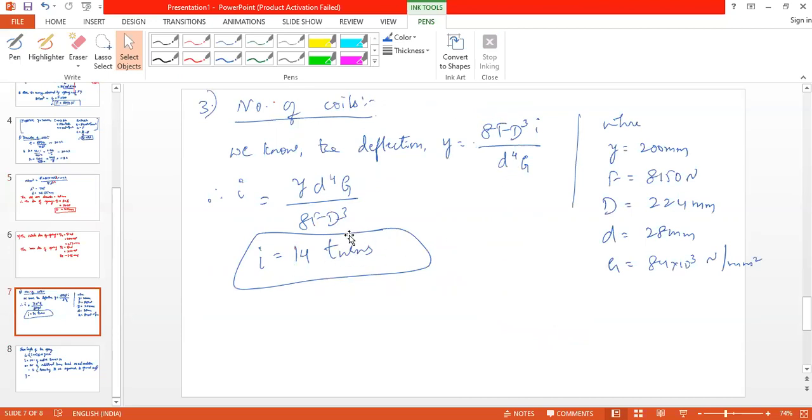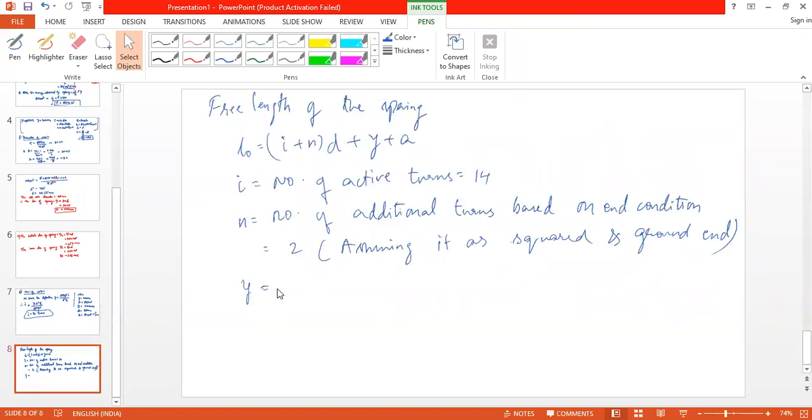We got this 14 by considering capital D as 224 and small d as 28. So the actual deflection will be more than 200.